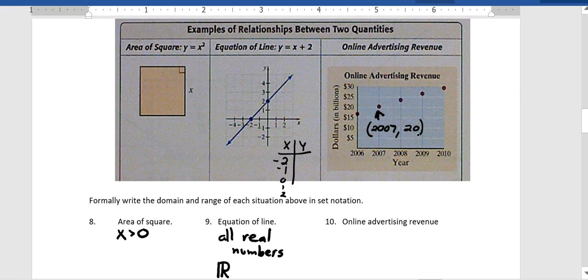We could go through and list all 5 ordered pairs. And we could observe the X value of all 5 ordered pairs. What would those X values be?